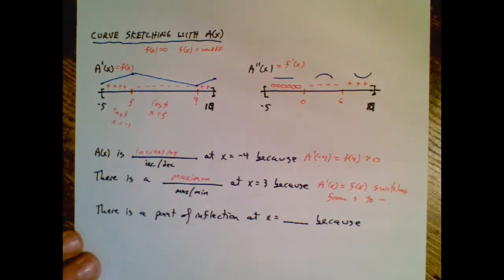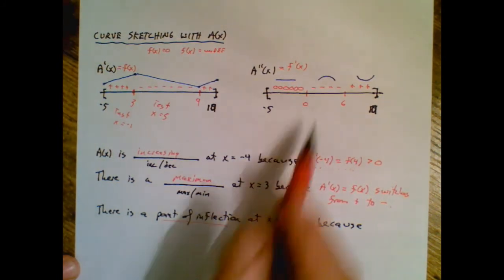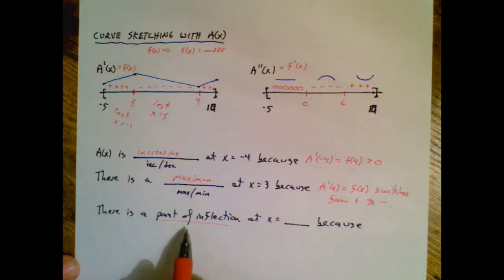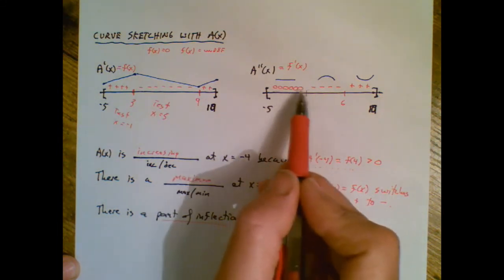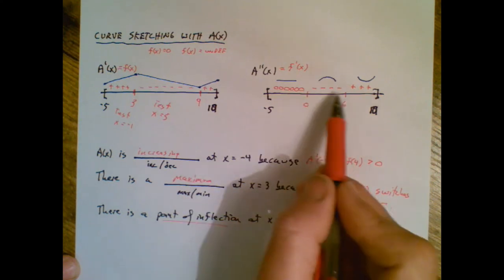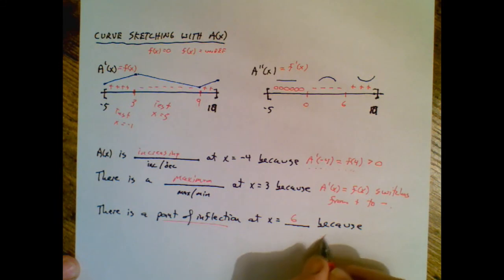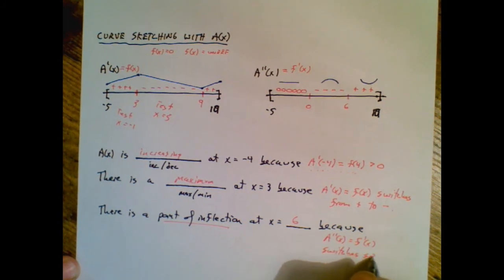And finally, we covered this one already, but there's a point of inflection that tells me to look at the A double prime. The justification for a point of inflection is A double prime switches sign. I can't call that a switching of the sign. That's a little bit awkward, I know, but it definitely can call that. So at x equals 6, because A double prime of x, which is the slope of f of x, switches sign.